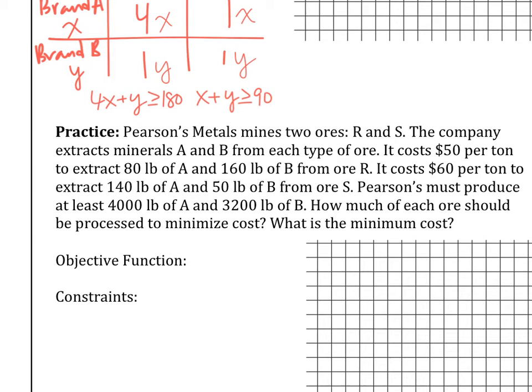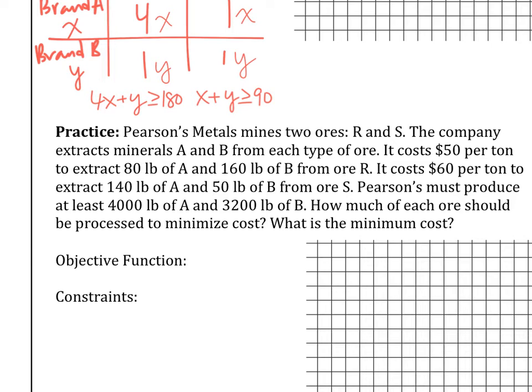It costs $50 per ton to extract 80 pounds of A and 160 pounds of B from ore R.